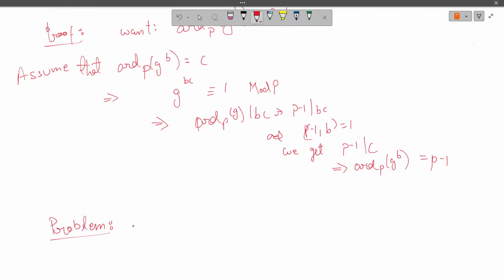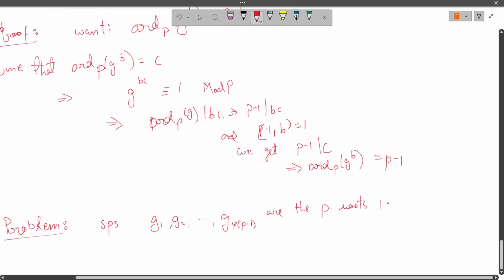So, problem. Suppose g_1, g_2, dot dot dot, g_{phi(p-1)} are the primitive roots mod p.